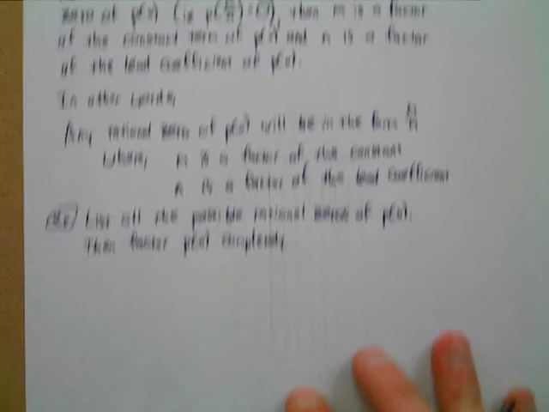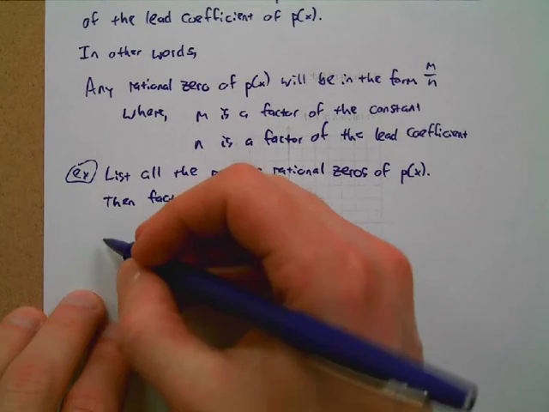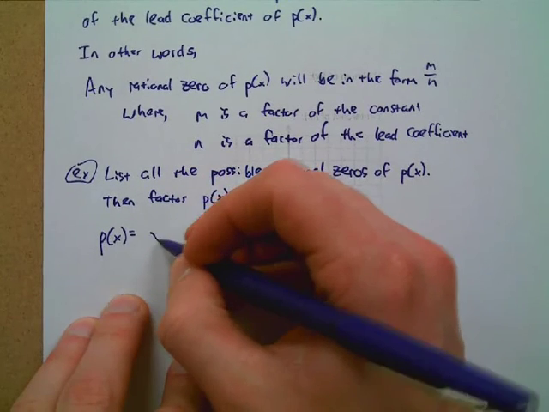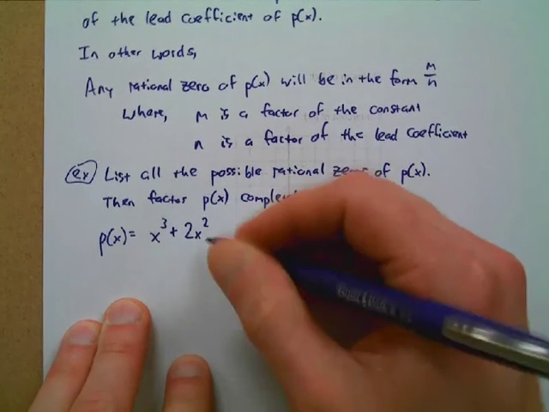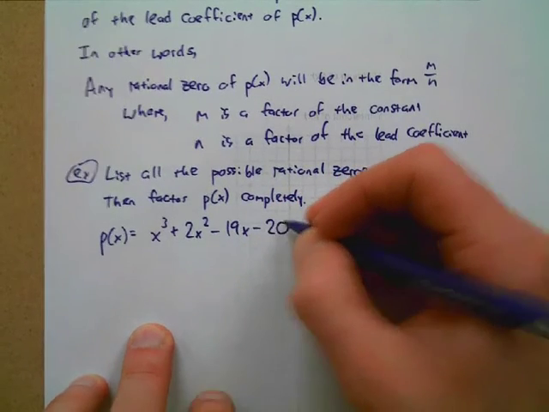Oops, off the screen. There we go. Okay, here's our polynomial. P of x is x to the third plus 2x squared minus 19x minus 20.